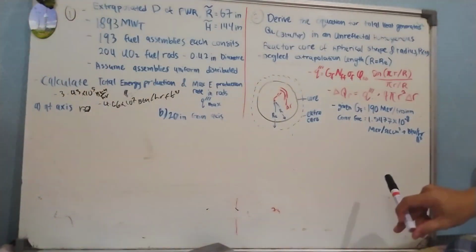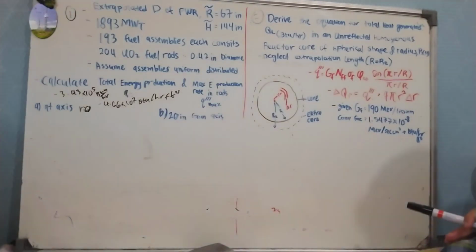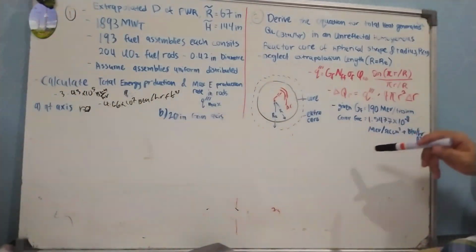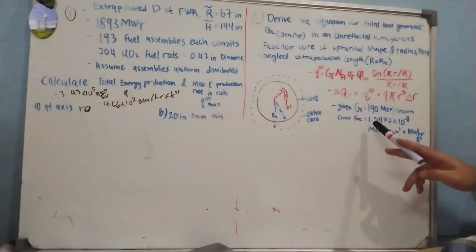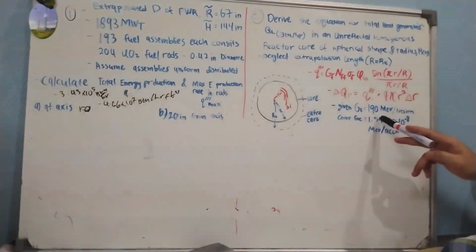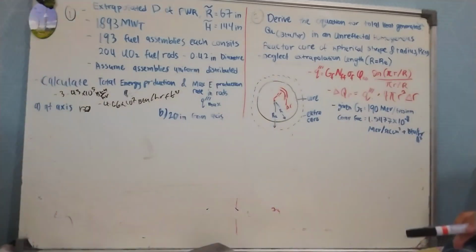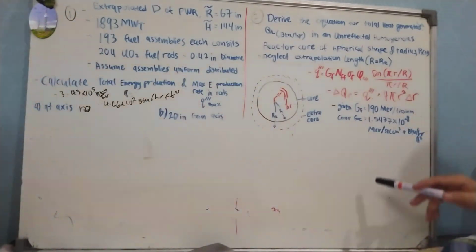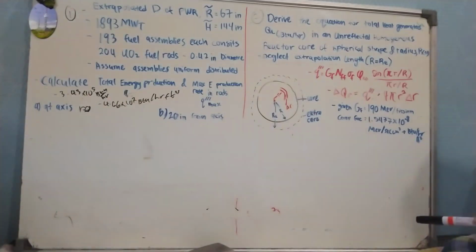The question also gives G as 190 MeV per fission, and the conversion factor 1.5477 times 10 negative 8 to convert MeV per second centimeter cubic to BTU per hour feet cubic.